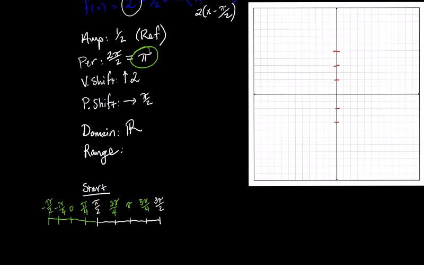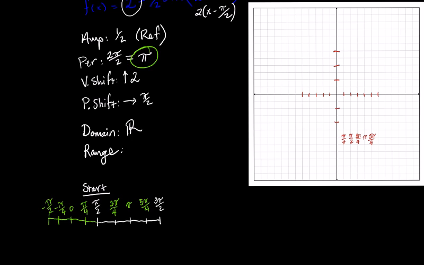All right. Go with just by ones, I know. All right. So you kind of see how I've got it labeled. I've got this as pi fourths, pi halves, 3/4, pi, 5 pi fourths.